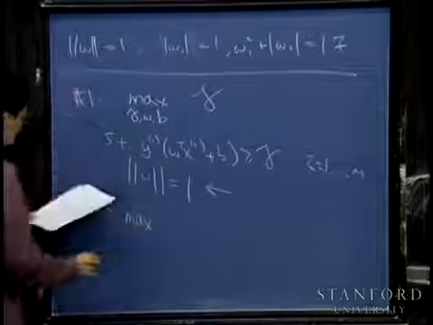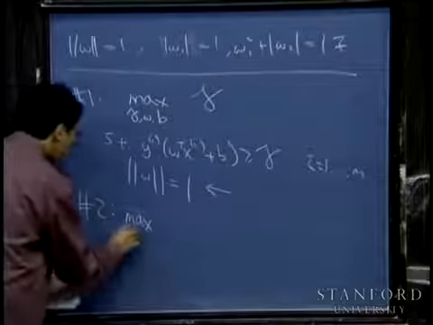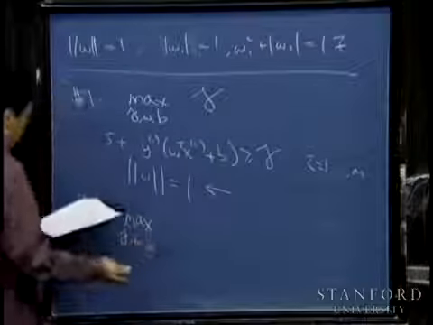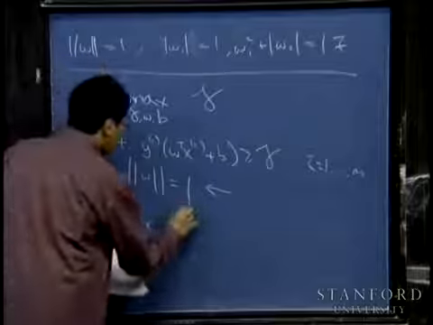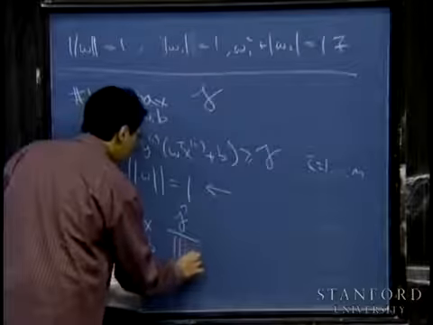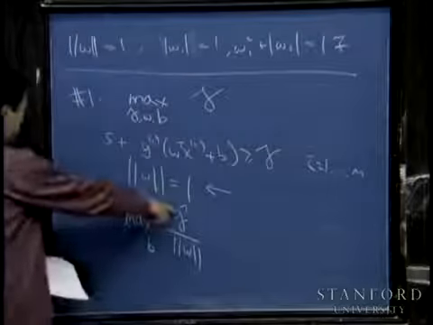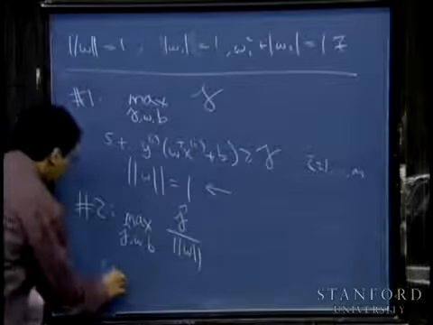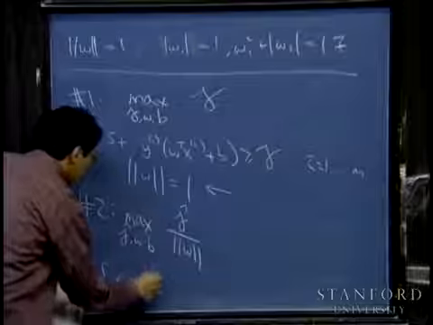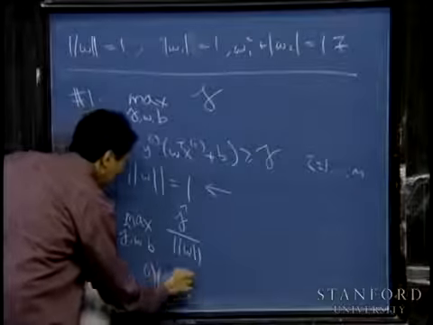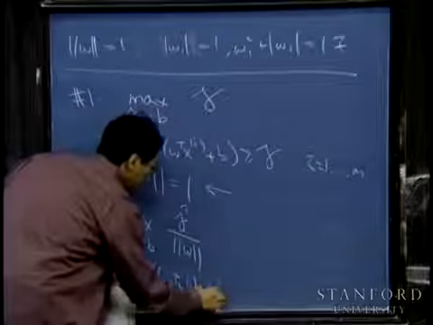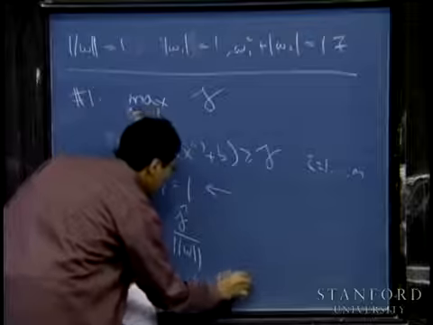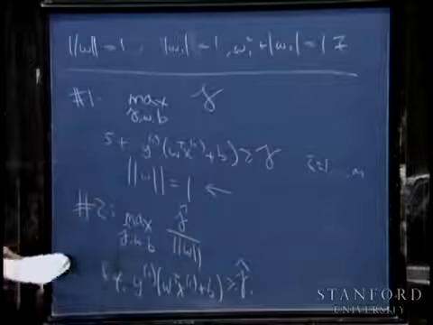Now let me pose a slightly different optimization problem. Let me maximize the functional margin divided by the norm of W, subject to y_i (W transpose x_i + b) being at least gamma hat.